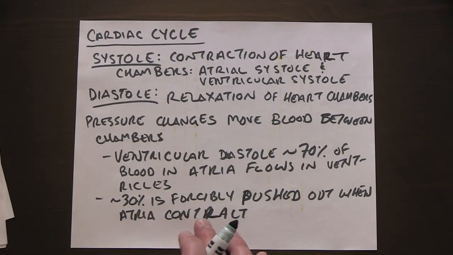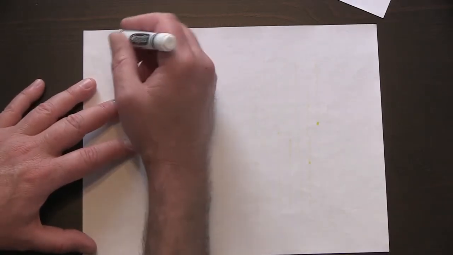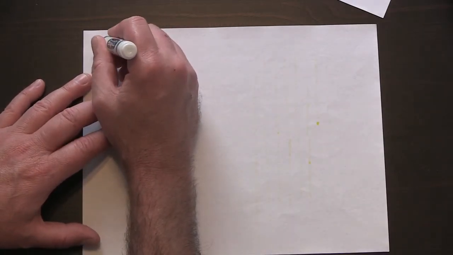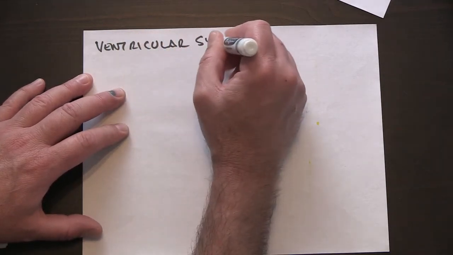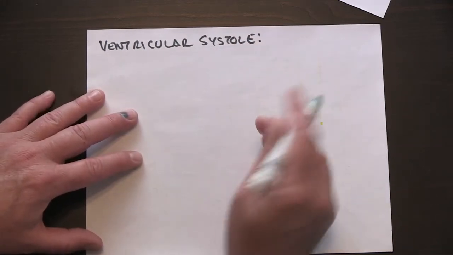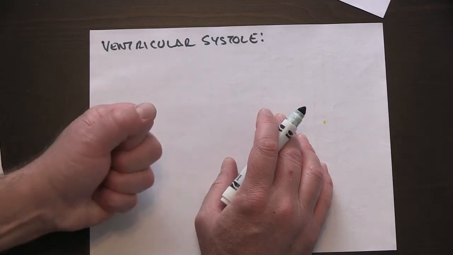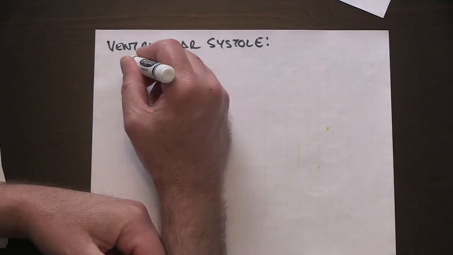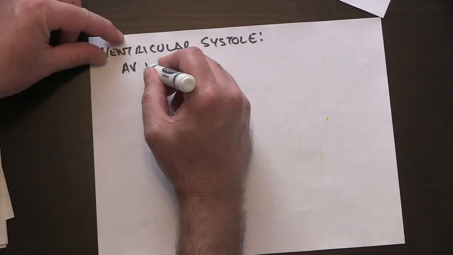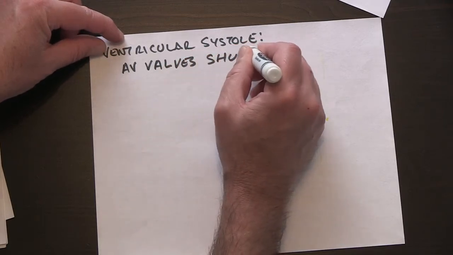So during ventricular systole, the ventricle contracts and it causes the AV valves to slam shut.